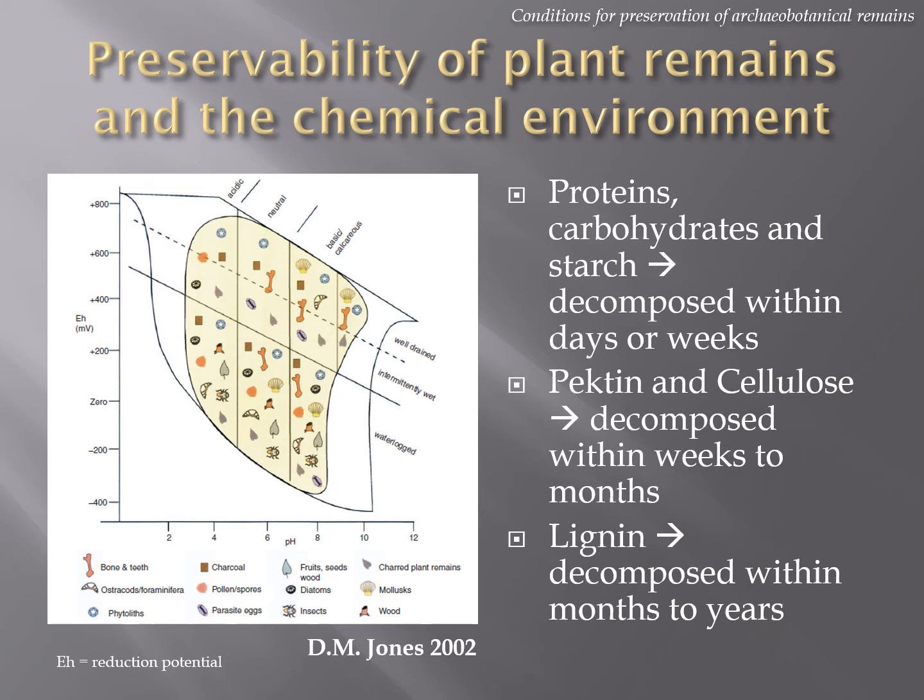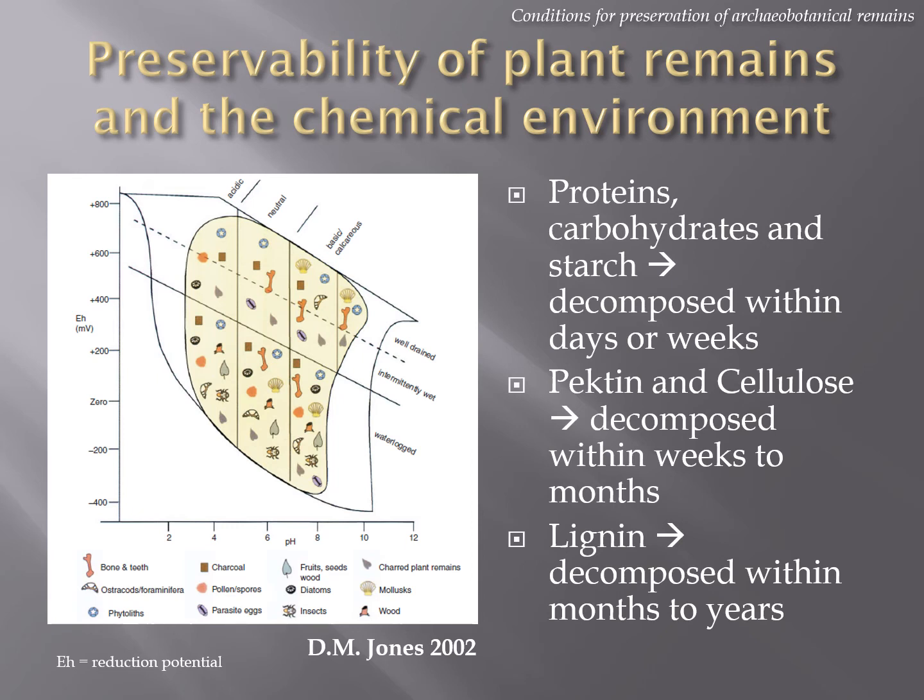Pectin and cellulose, which are part of the cell membrane, are decomposed within weeks to months, while lignin, which is a wood component and present in hard tissue such as olive or peach stones, is decomposed only within months to years. The different types of plant remains have different preservabilities depending on the sedimentation environment.